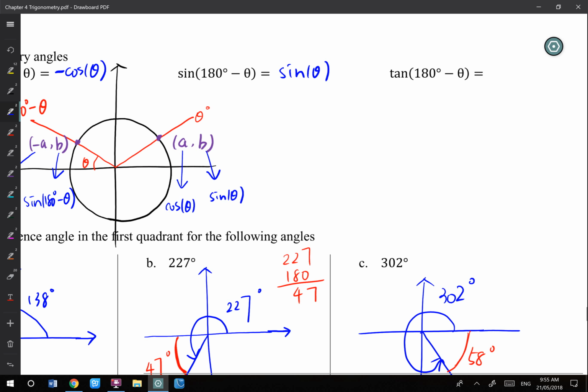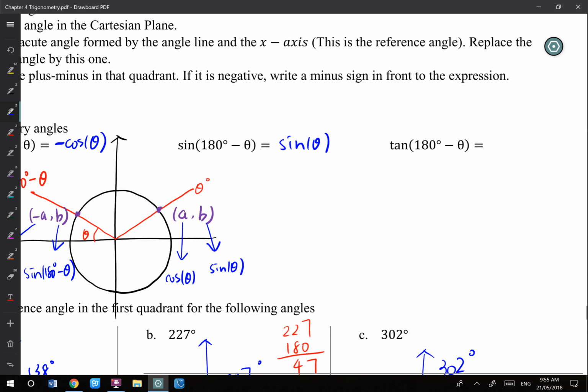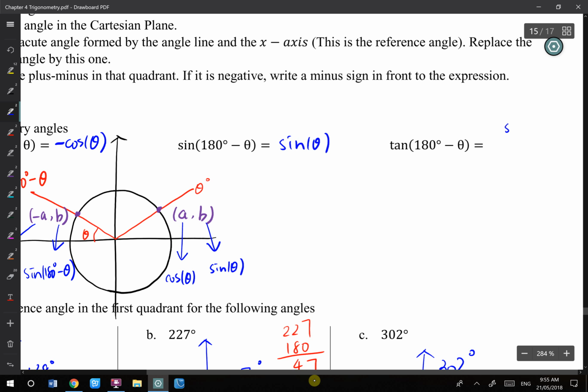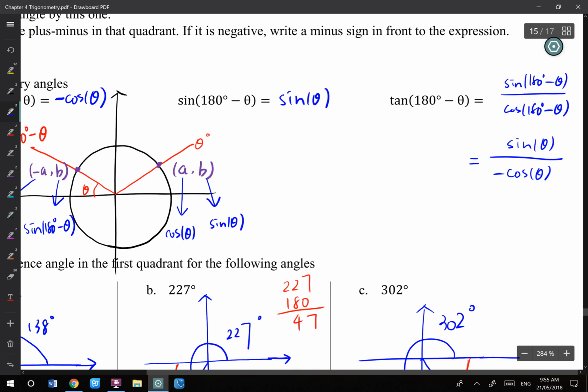Also, think about tangent of 180 minus theta: that's sine of 180 minus theta over cosine of 180 minus theta. The sine of 180 minus theta changes to sine theta, and the cosine changes to minus cosine theta. So that will give you minus tangent theta. So it has been changed to the reference angle as well.